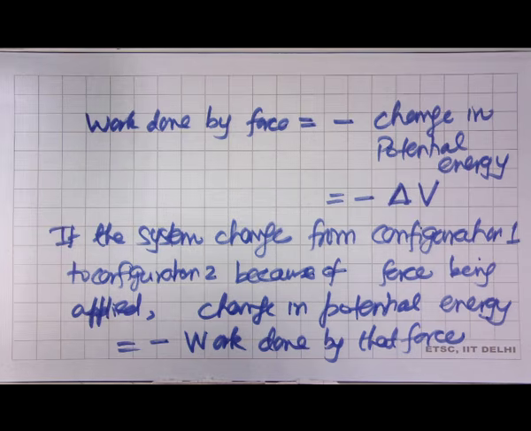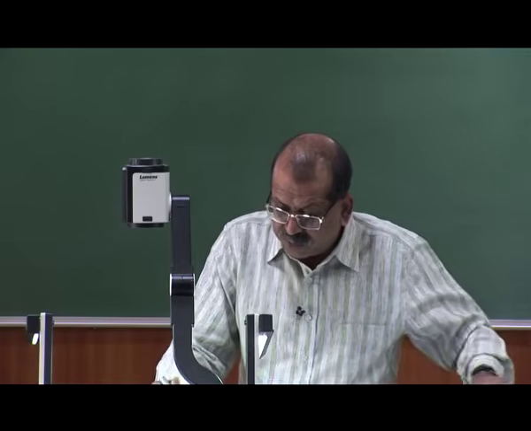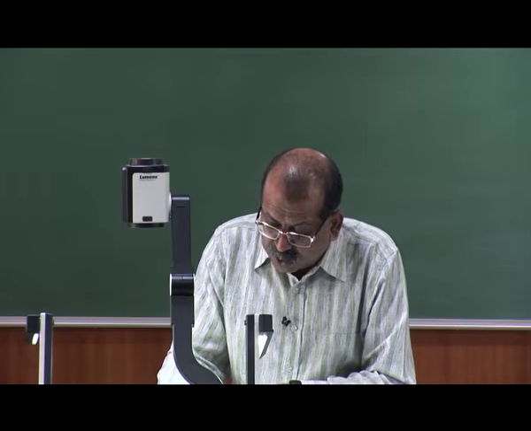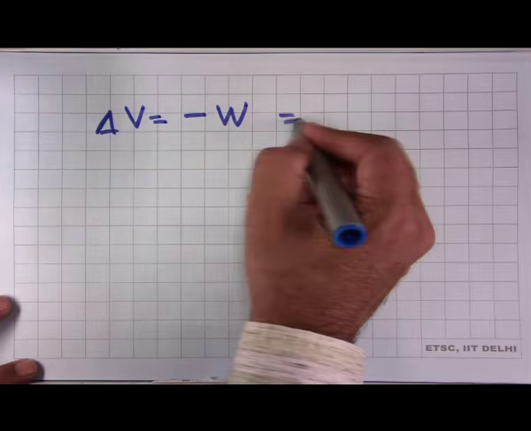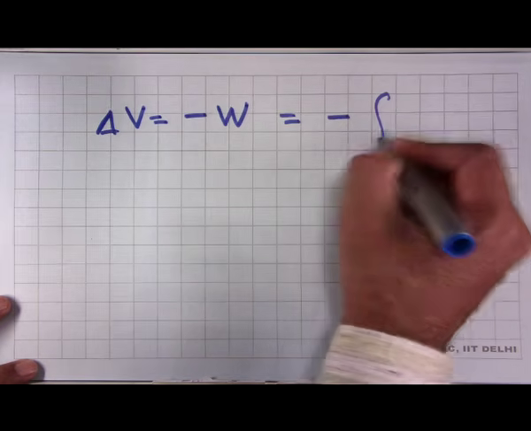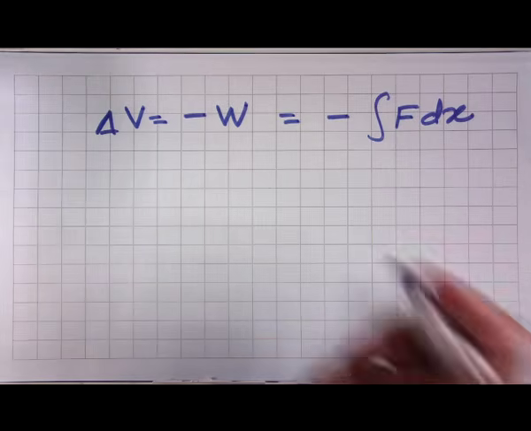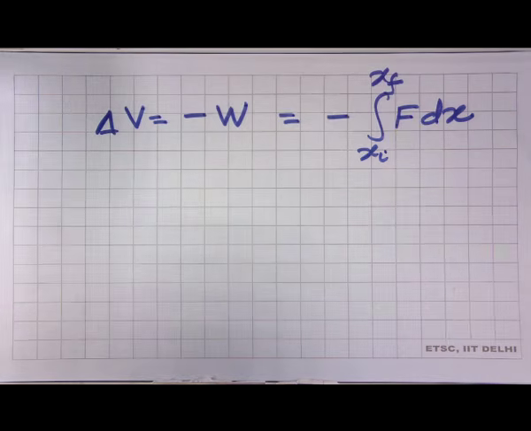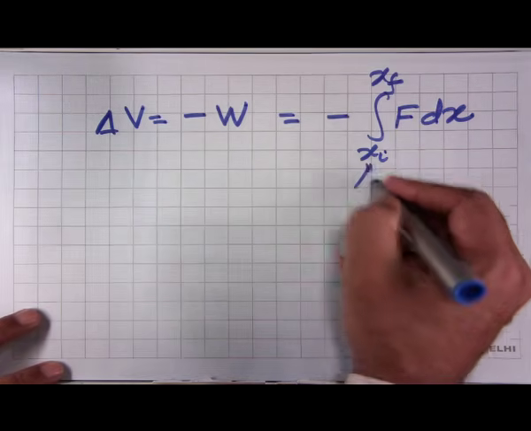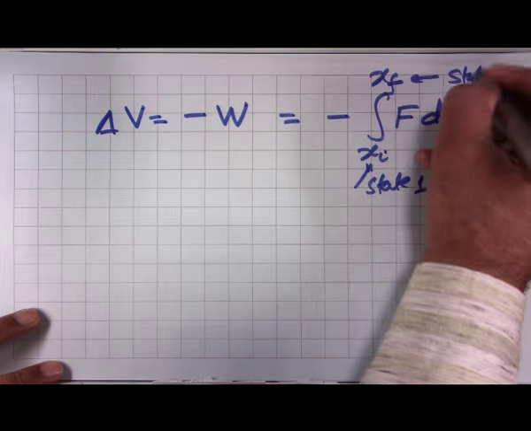So, first let us see if we write the expression for potential energy. The change in potential energy V is equal to minus the work done by that force. So, that will become equal to minus the integral of f dx, where f is the force and this integral will go from xi to xf. xi is state 1, xf is state 2.